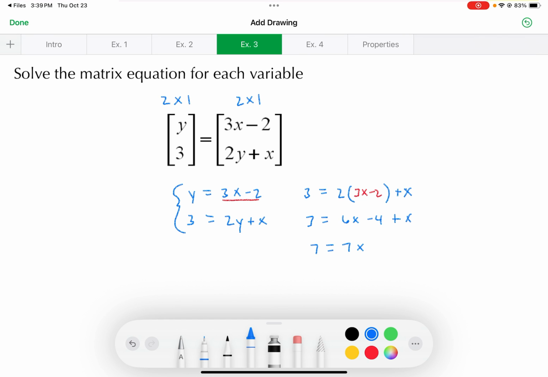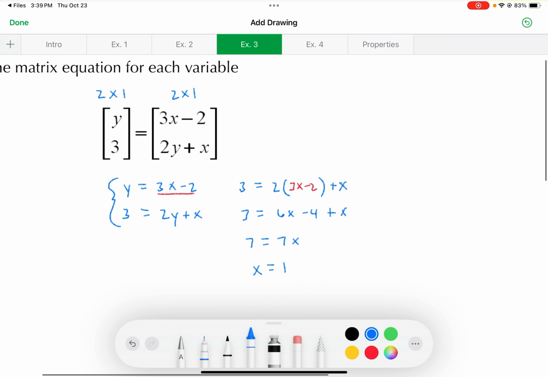Seven is equal to 7x, x equals 1. And now I'll substitute 1 in for x in that first equation. I'll end up with 3 minus 2, or 1. So I could say the solution here, I could write it as an ordered pair, is 1, 1.